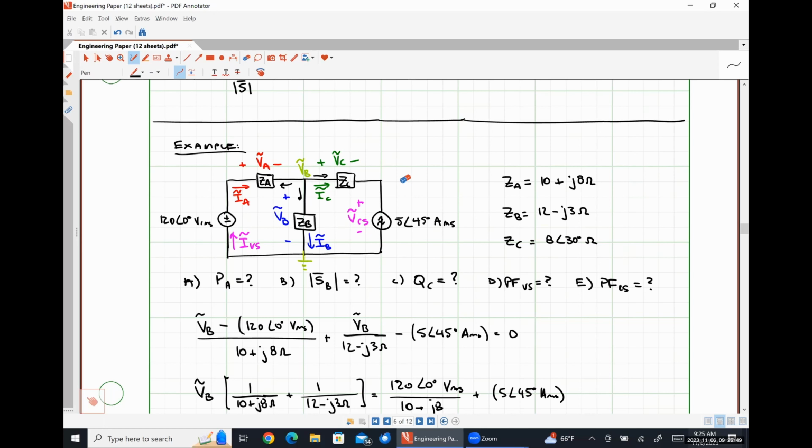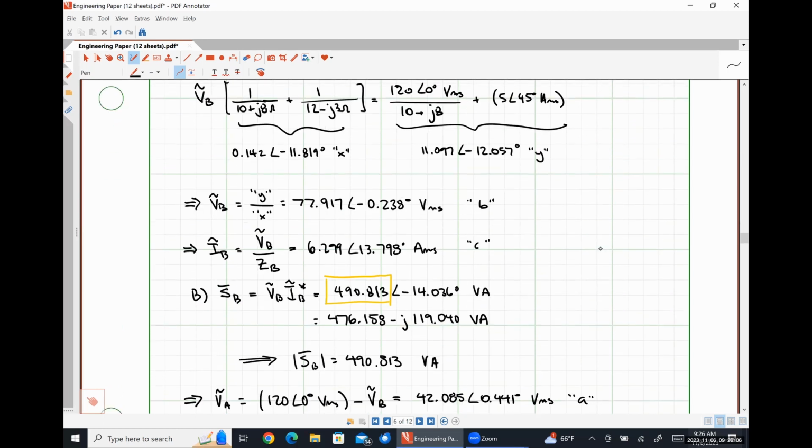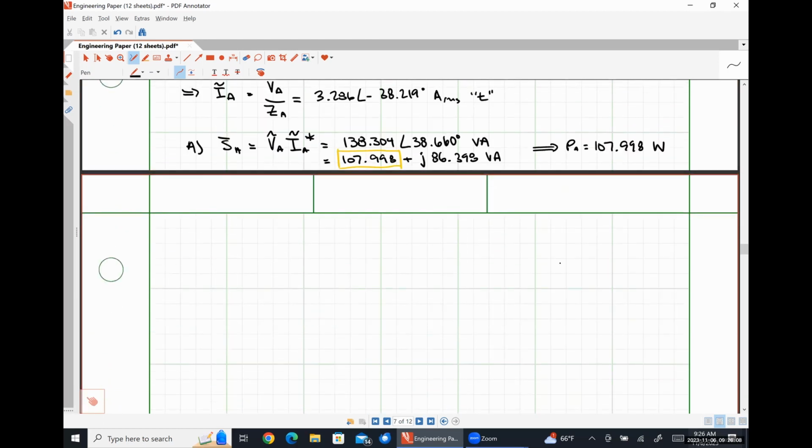All right. So how can I find VC or IC? Exactly correct. So Christina suggested that we can find IC, which is just negative 5 angle 45 degrees amps RMS.